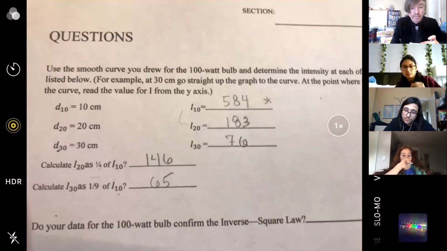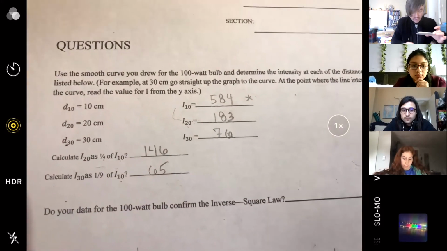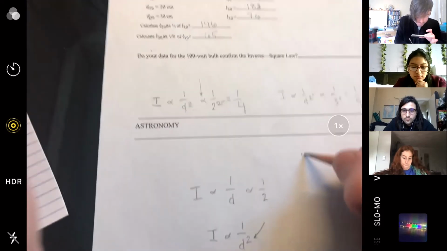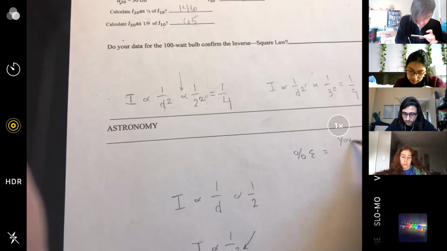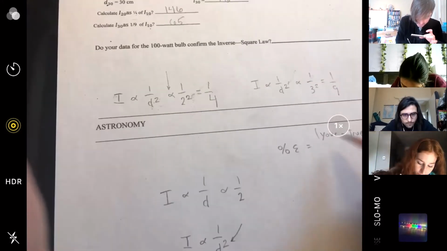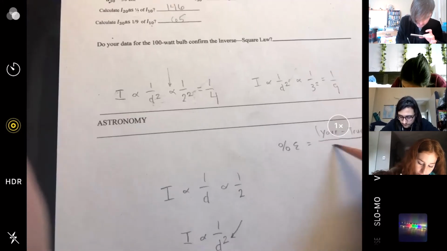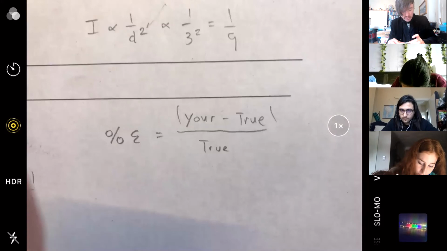Whether or not this is good or bad depends upon our percent error. The percent error is your answer minus the true answer, usually you take the absolute value to make it positive, divided by the true answer. Let's calculate our percent error for this one and for this one.